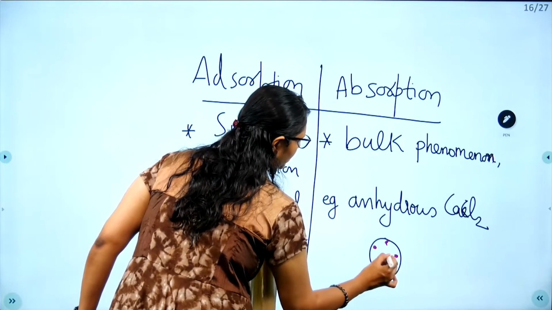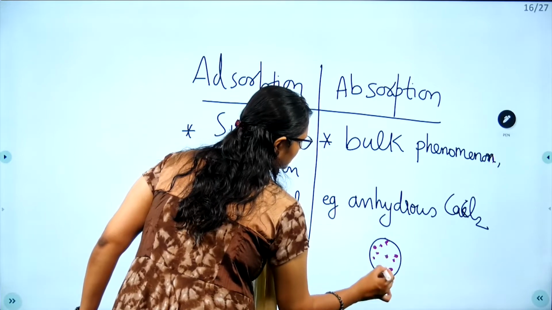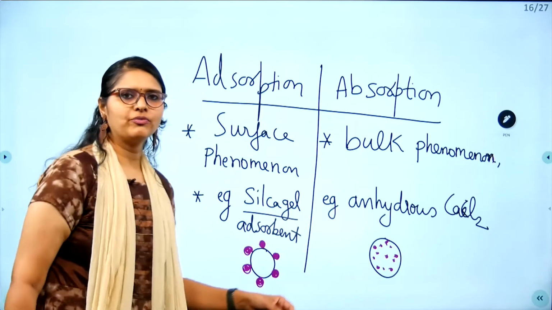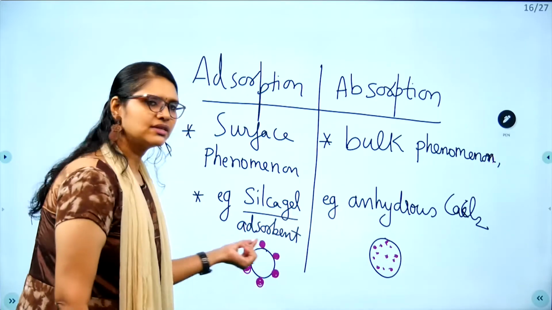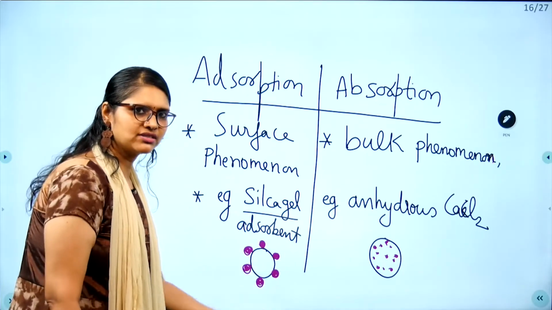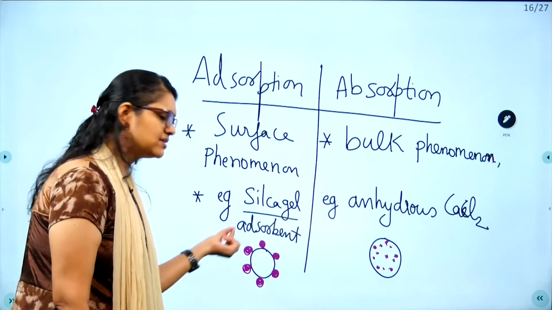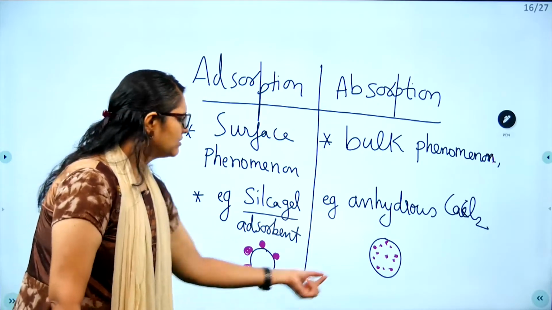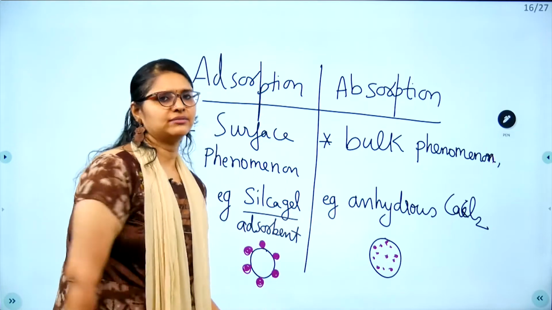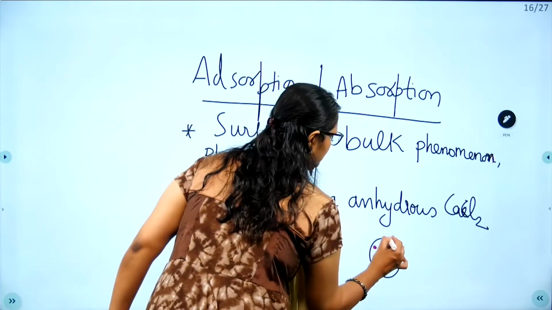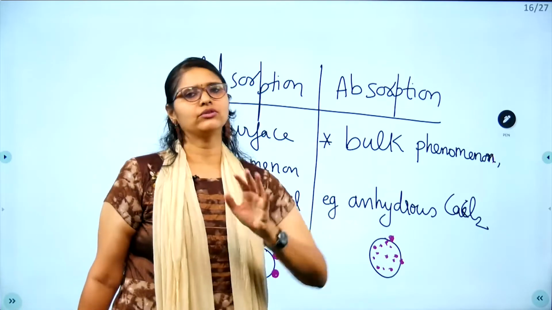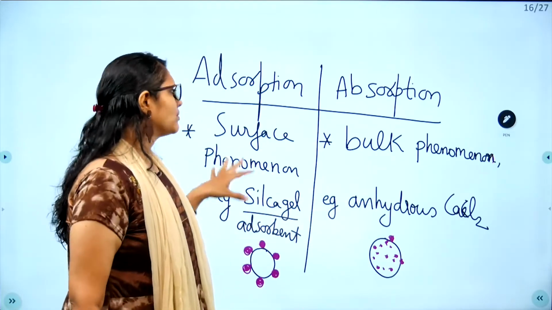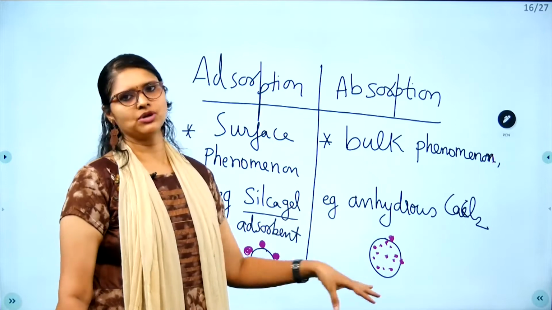I hope you understood the difference between adsorption and absorption. Adsorption occurs only at the surface, whereas here it enters inside. It will be there on the outside also and inside also.